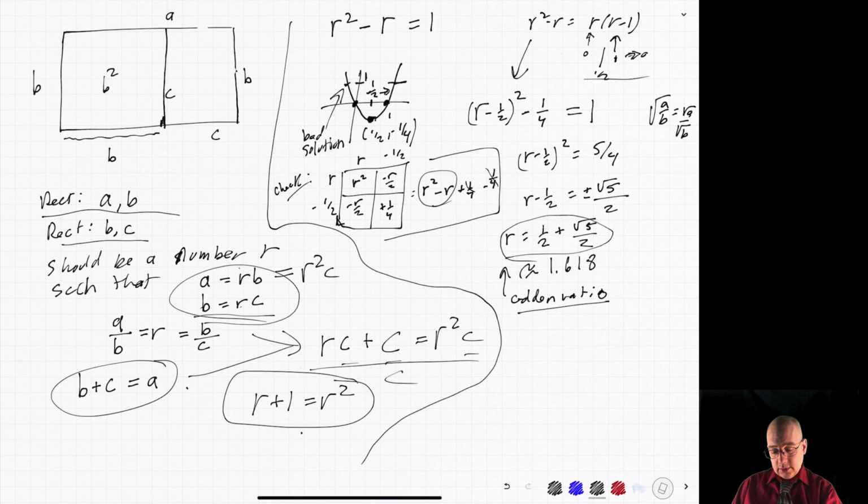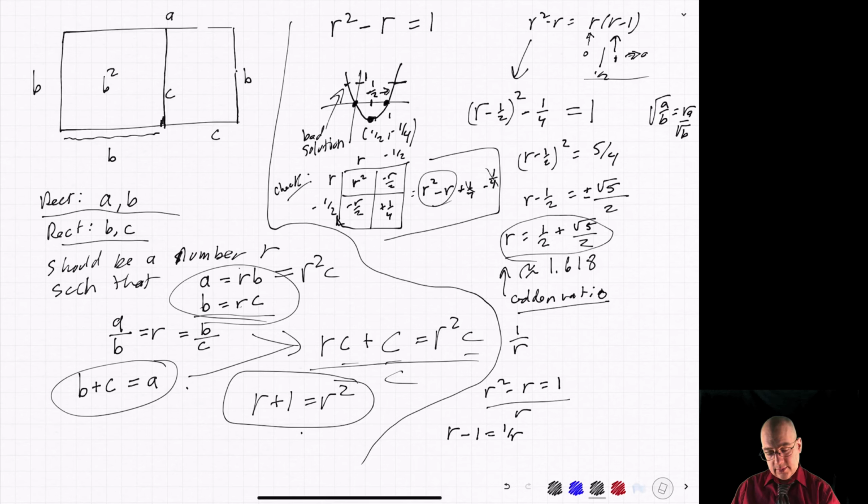And what else? Oh, what about 1 over r? So is there something special about 1 over r? Well, of course, we can just try to compute it by reciprocating what we have. That's not very interesting. But remember, we had r squared minus r equals 1, right? So if I divide everything by r here, I get r minus 1 equals 1 over r.